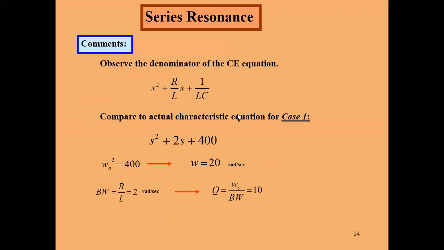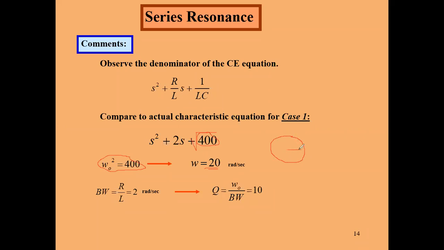In our case number one, omega 0 square is nothing but 400, which is our resonant frequency squared. If we take the square root of 400, we obtain 20. That 20 is the resonant frequency, and its unit is radians per second, because the frequency is in angular form.